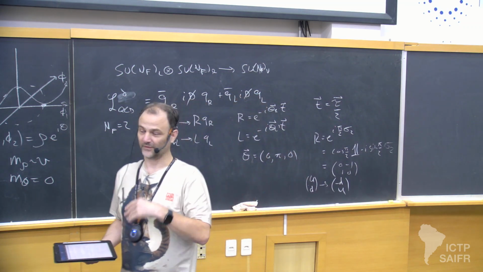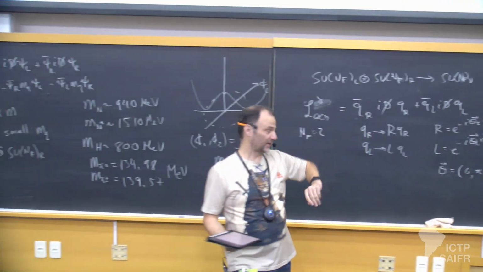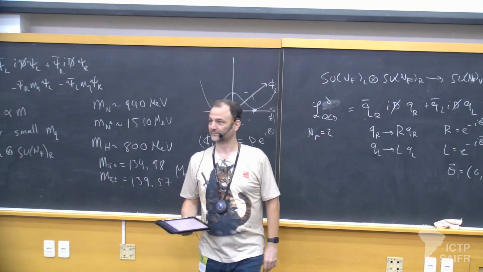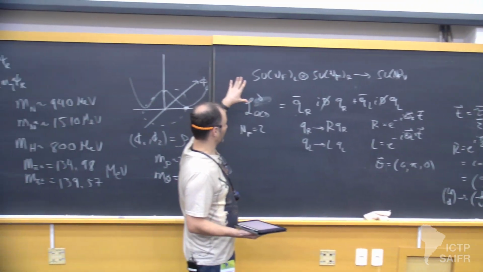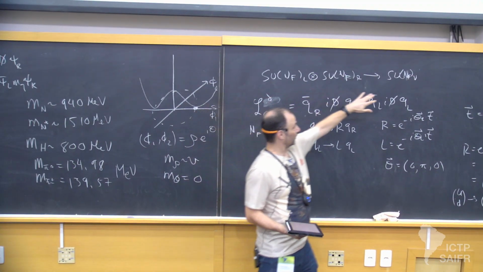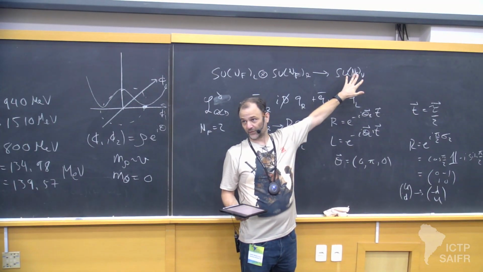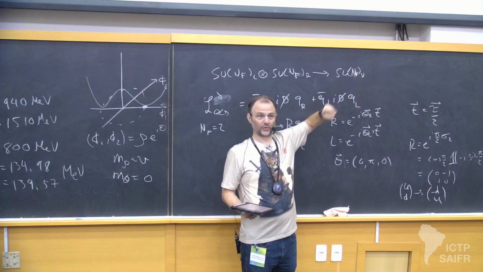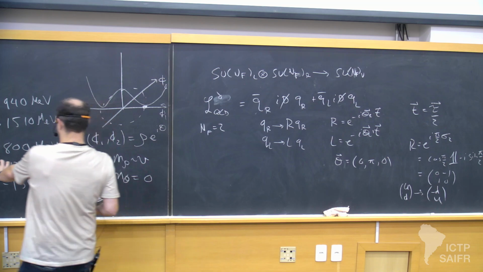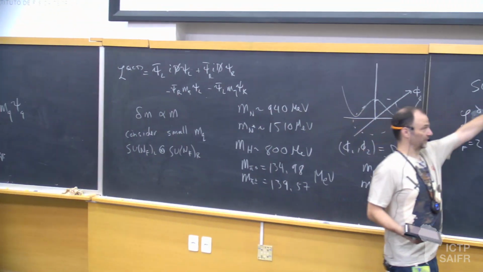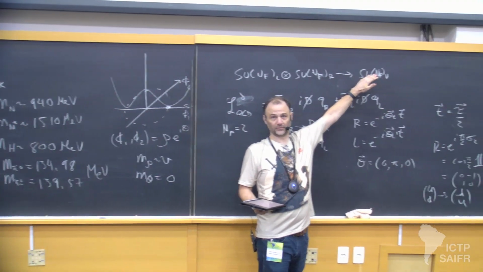But if it's just QCD, you wouldn't be able to tell. And just to repeat, the vector subgroup of SU2 is the isospin symmetry that you're used to: the proton and neutron being very similar in mass, why the pions are all very similar in mass. This is isospin symmetry, the vector subgroup SU2.